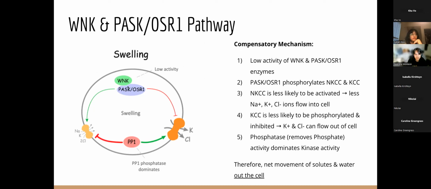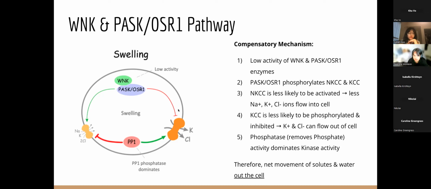In this case, these kinases, WNK and PASCO-SR1, will exhibit very low activity. If they exhibit very low activity, there's a lower incidence that they'll actually phosphorylate NKCC and KCC, right? So if there's a decreased incidence that they will phosphorylate NKCC, there's a decreased possibility that ions will flow into the cell, because it's not activated, right?